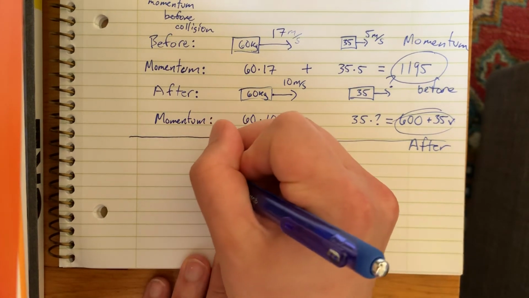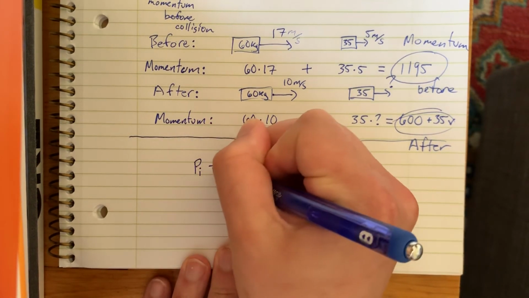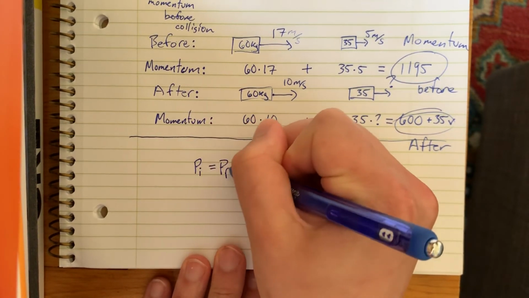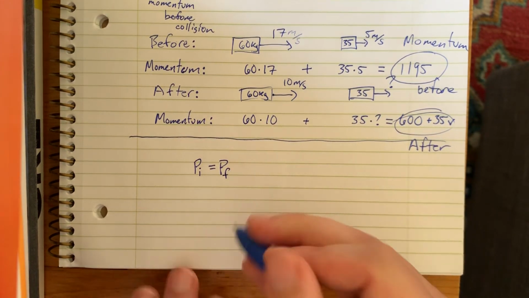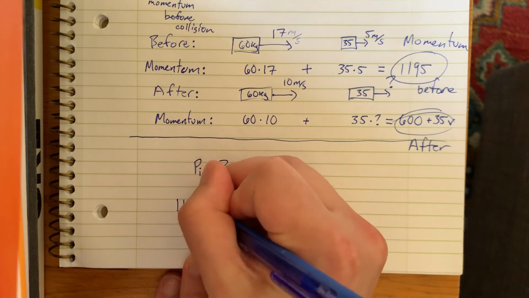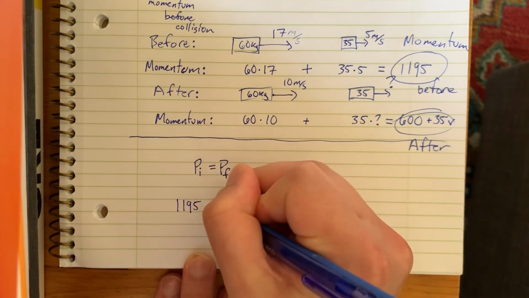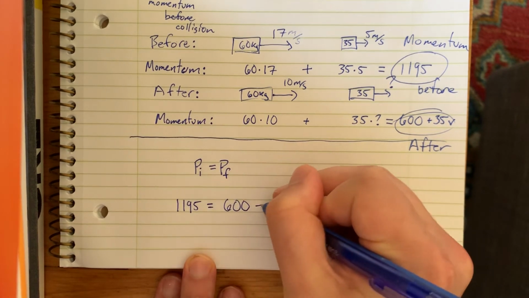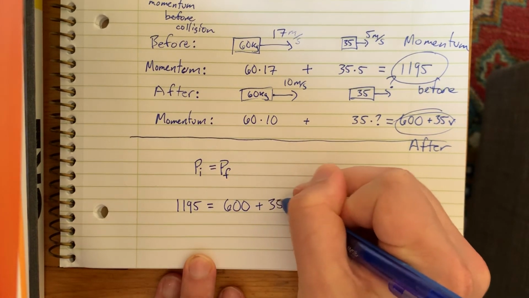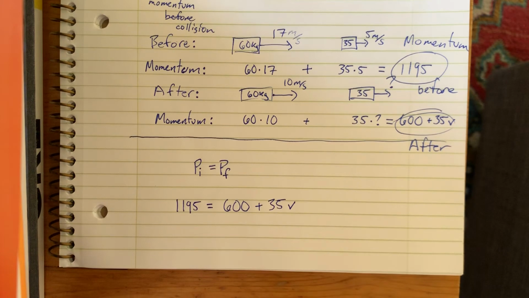I'm going to one more time write, because like I said, this is our key equation, that the momentum before is equal to the momentum afterwards. That means that 1195 must be equal to 600 plus 35v.